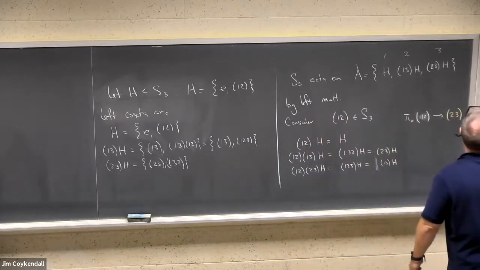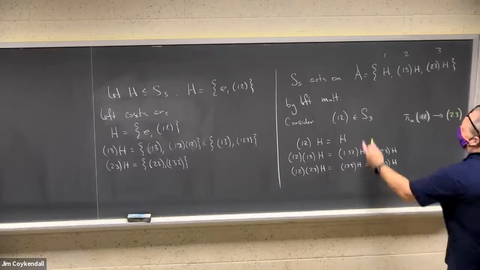If you look at, for example, 1 3 2, how does this act on A?